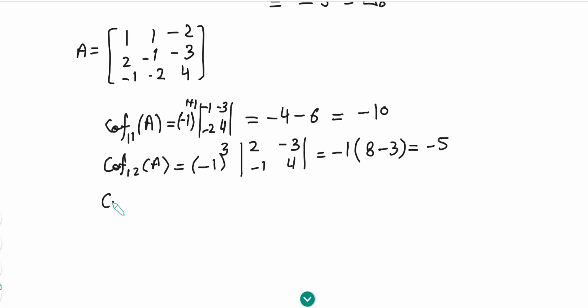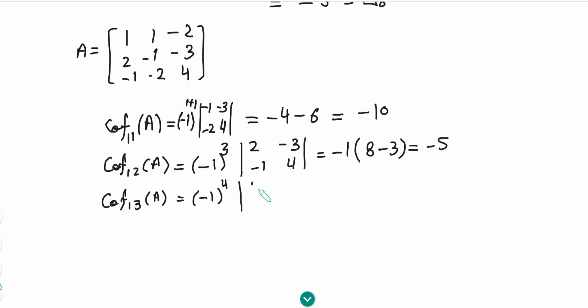Now let's calculate cofactor 1 3. We actually need to find all these 9 cofactors. Here it is 1 3, meaning negative 1 power 1 plus 3, meaning power 4, and we are leaving the first row and third column.